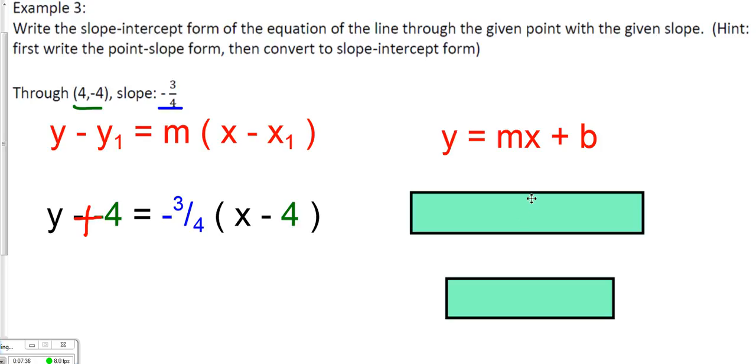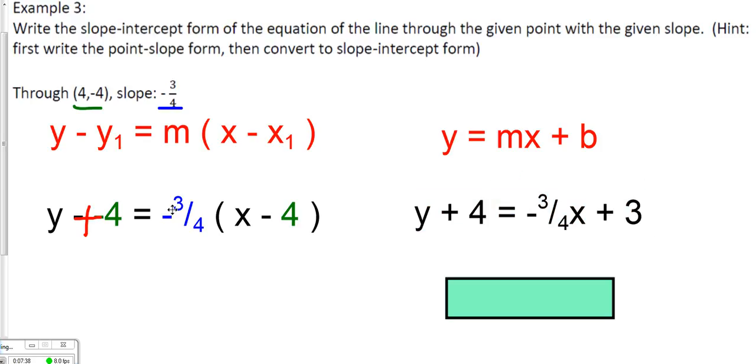To change it into slope-intercept form, distribute this -3/4. So it's -3/4 x plus 3. So negative and minus, minus and minus. When we multiply them, they become positive. 3 divided by 4, then times 4 becomes 3.